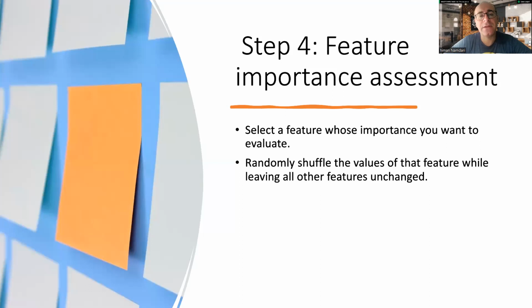Feature importance assessment in section 4: the selected features whose importance you want to evaluate will be randomly shuffled. And while we don't have these values in our data set, we will perform another training, calculate the root mean square, and compare it to our baseline.